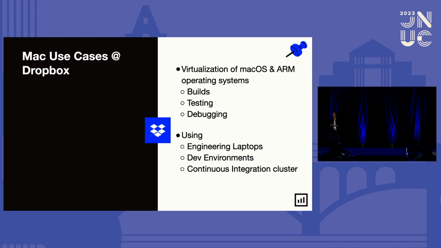Virtualization plays a really pivotal role in ensuring that we have separation and flexibility of our workloads. We leverage virtual machines both on our engineers' laptops as well as in the cloud. We do this for debugging purposes, and within our own continuous integration, or CI, cluster, which automates builds as well as testing.